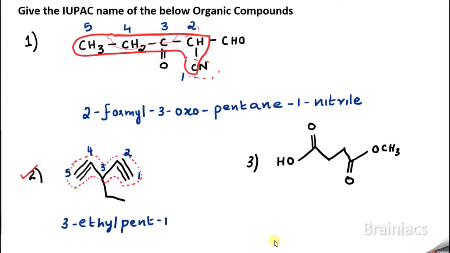So we will write it in increasing order. 1,4-pent, 1,4 hyphen. Since both are double bonds, we use the term di, then we use ene. So the answer is 3-ethylpenta-1,4-diene.